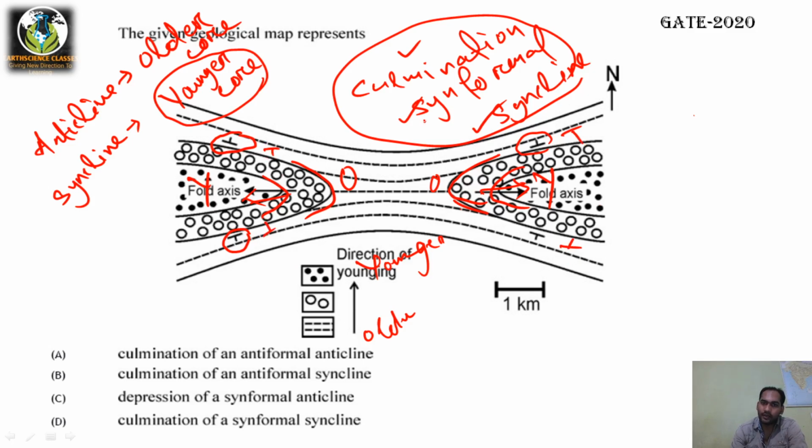Synform means the limbs should plunge towards the core. So I hope it will be towards the center. This may be wrong in the question paper. So it is a culmination of synformal syncline. So the option is D.